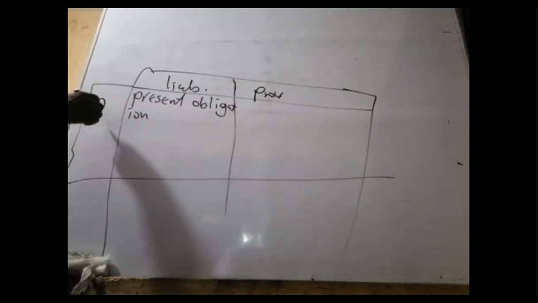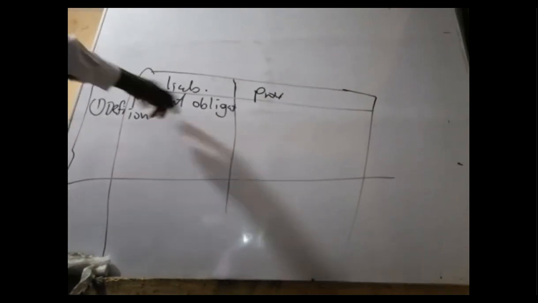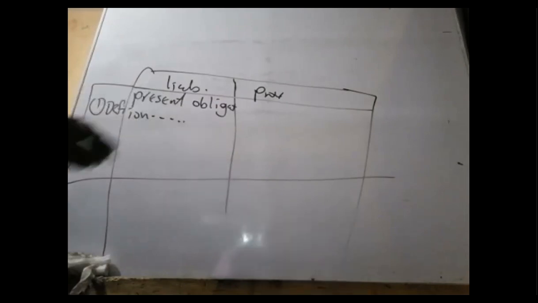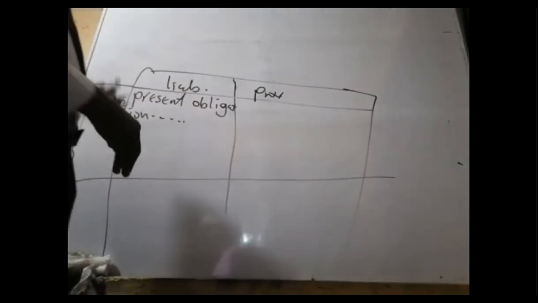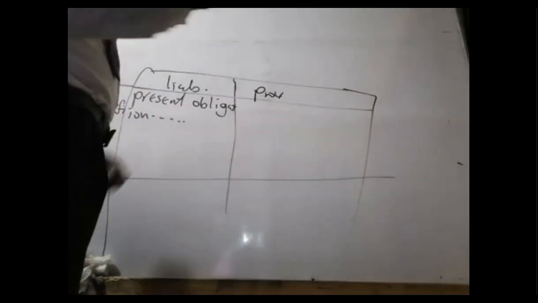So point 1, use the definition. Define all of them correctly to set out the difference. A present obligation arising from past events, and then you continue. You know that definition is so common: present obligation arising from past events from which future economic benefit is expected to flow out of the entity. That is all. What are provisions?